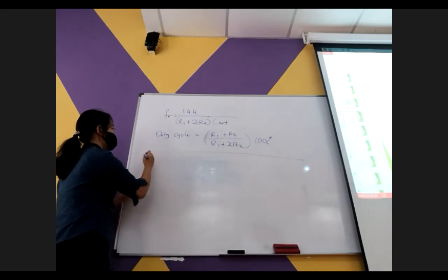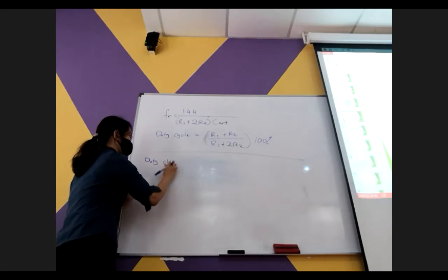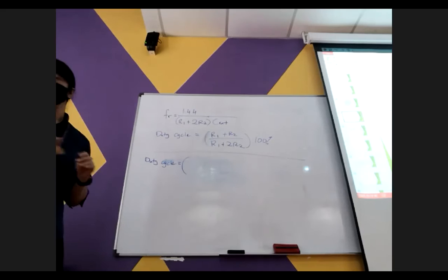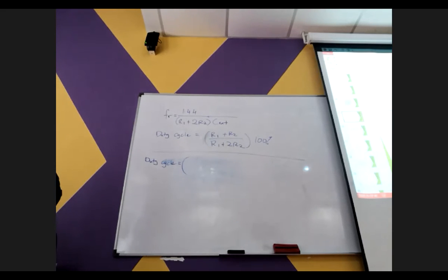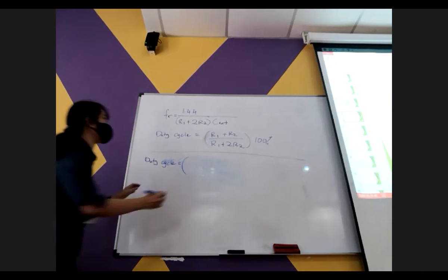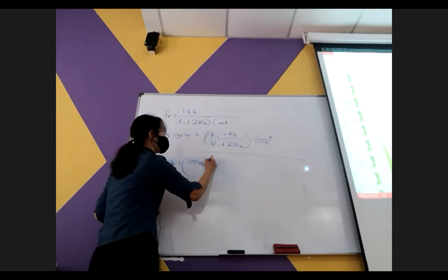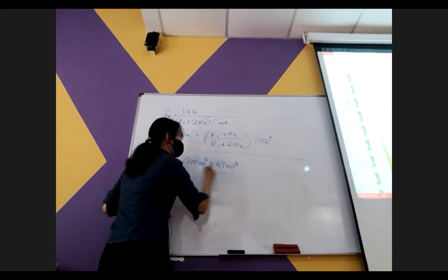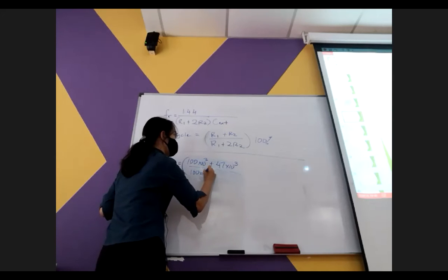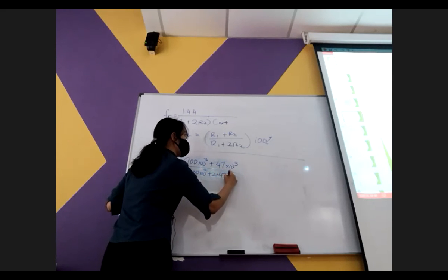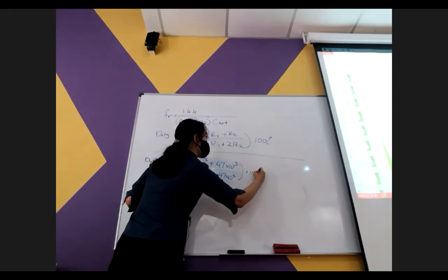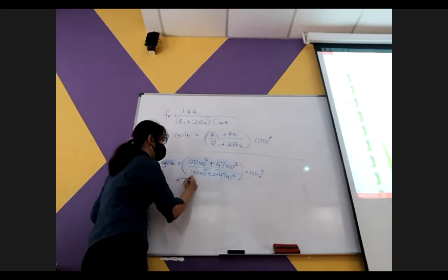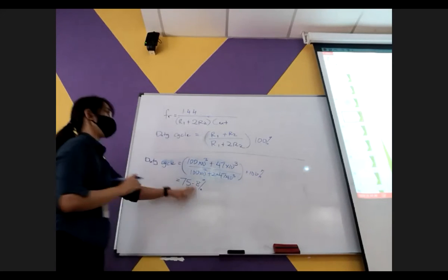Duty cycle equals R1 plus R2 over R1 plus 2 times R2, so 100K plus 47K over 100K plus 2 times 47K, times 100%. So what do I get? 75.8%.